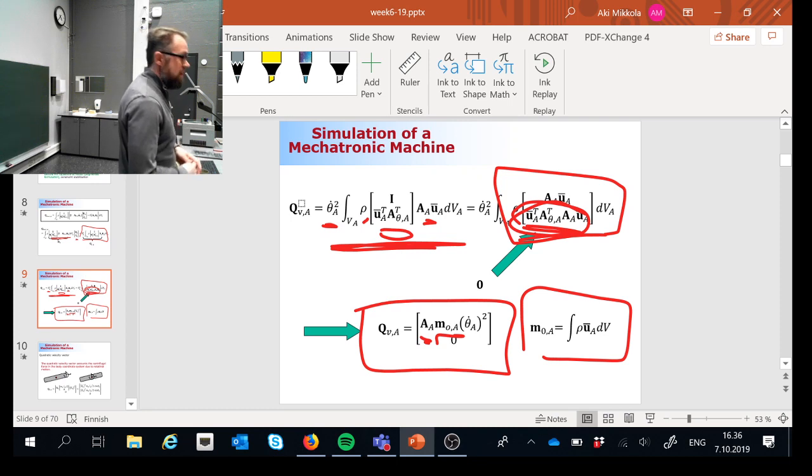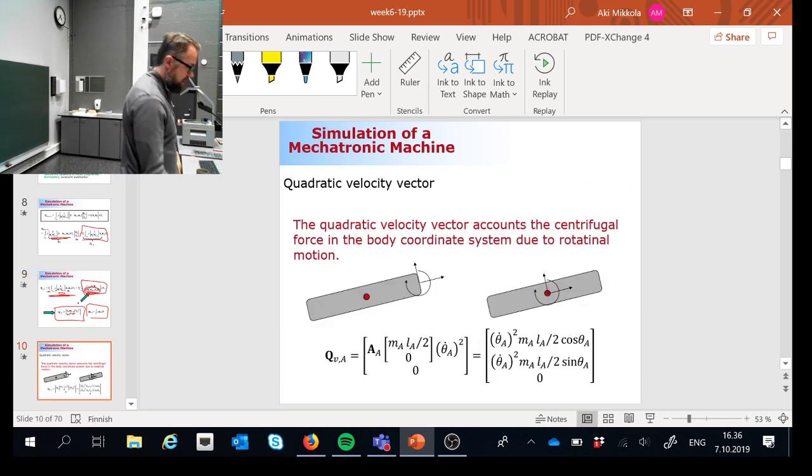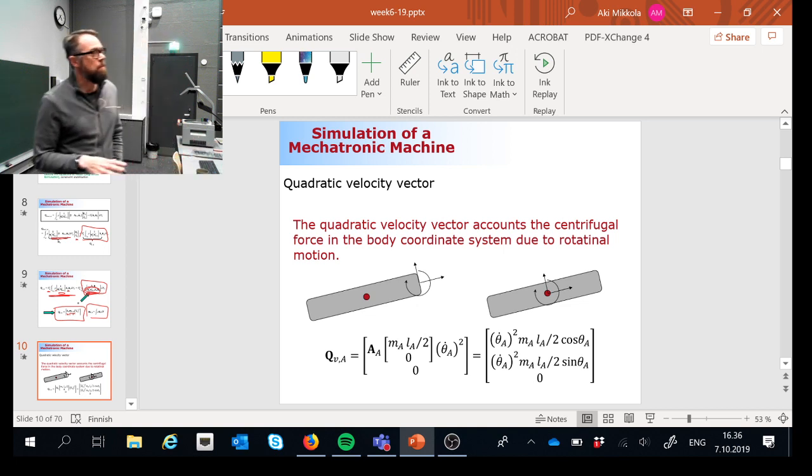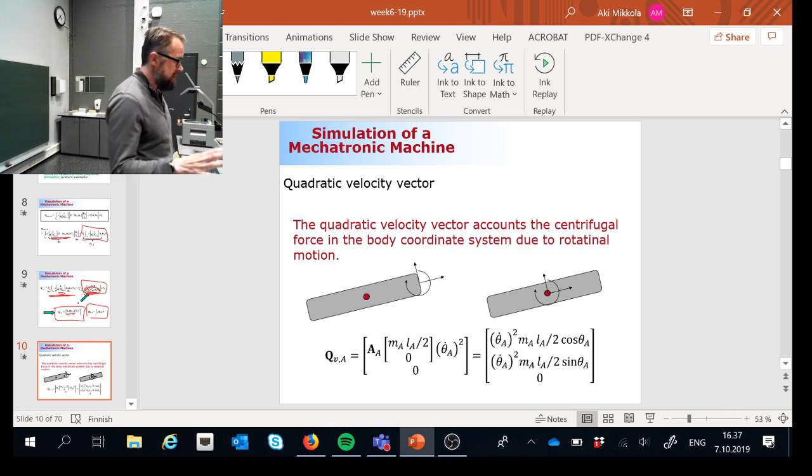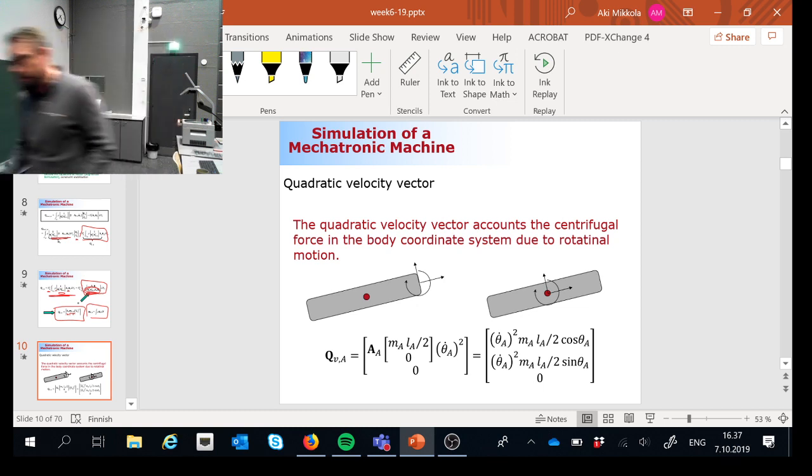Clear? Okay, now let's look at the physical interpretation of this quadratic velocity vector. To understand that, I have here an example body. An example body is a beam-like body, like this thing here.